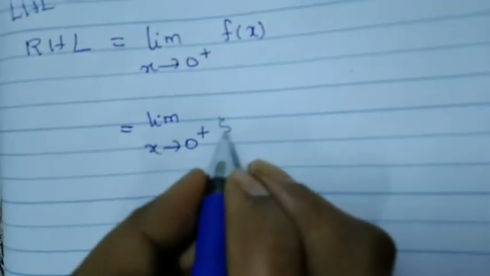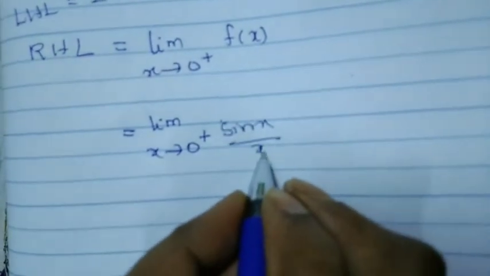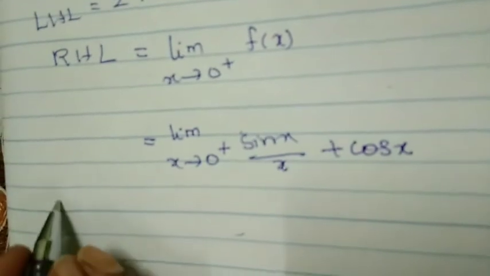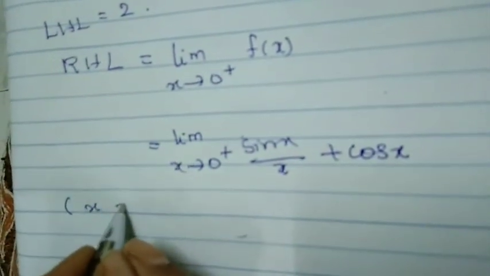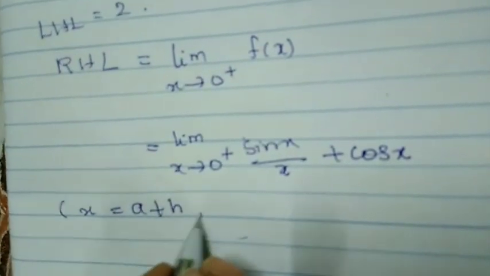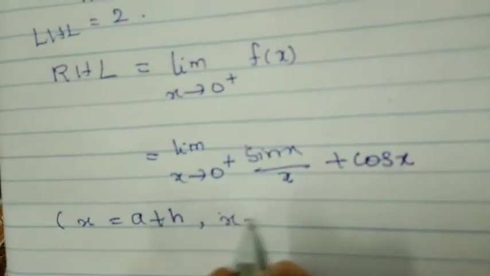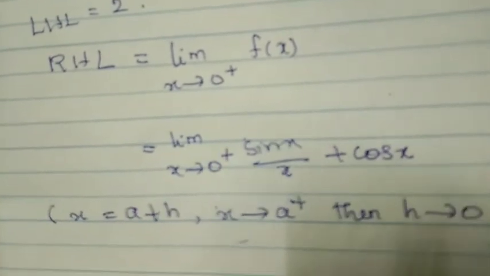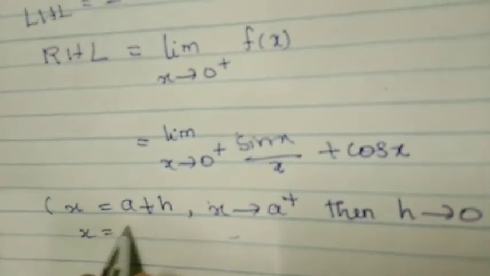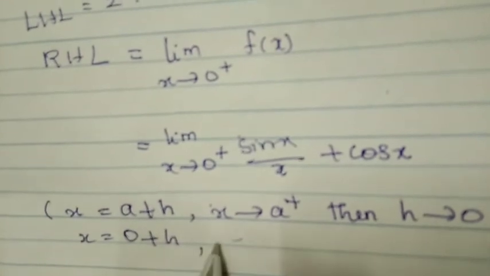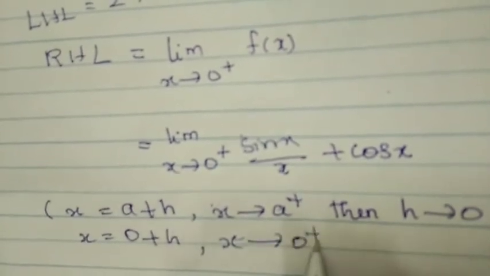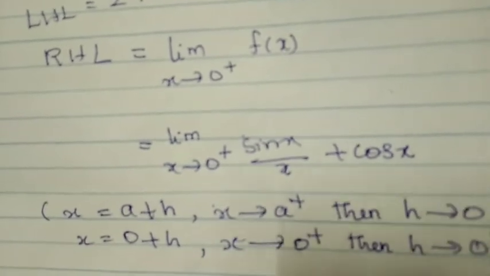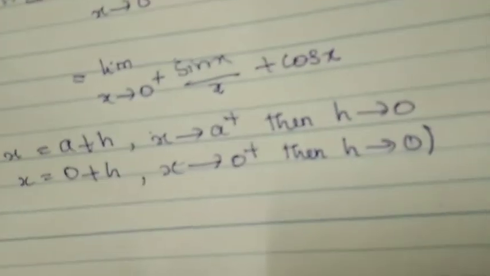For RHL, x equals a plus h. When x tends to a plus, then h tends to 0. Here a is replaced by 0, so x equals 0 plus h, and x tends to 0 plus means h tends to 0.